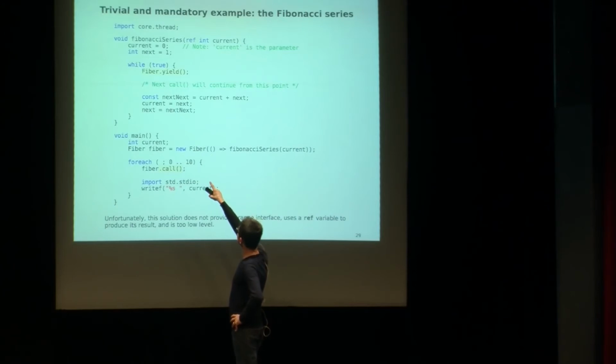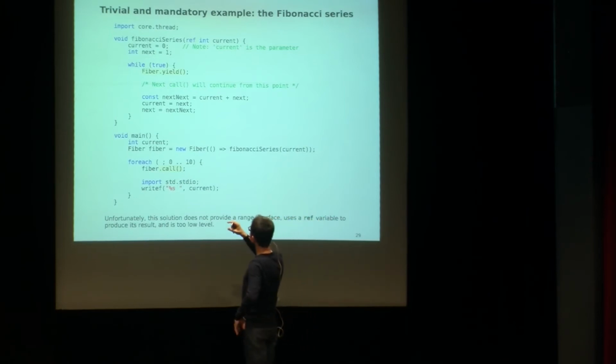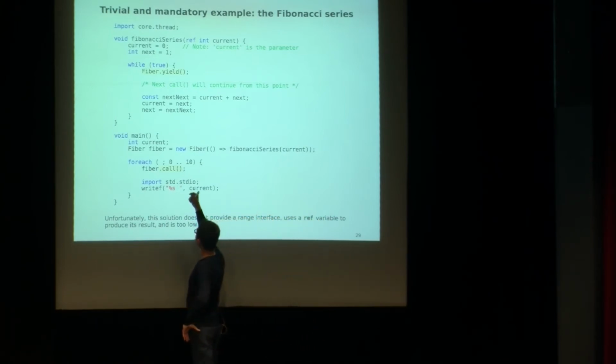If you notice, the Fibonacci series function has an infinite loop in there. While true, fiber yields a result, or yields execution back to the main thread. So fiber call goes into that Fibonacci series. Yield comes back right here, prints the current value, goes back and says fiber call again.